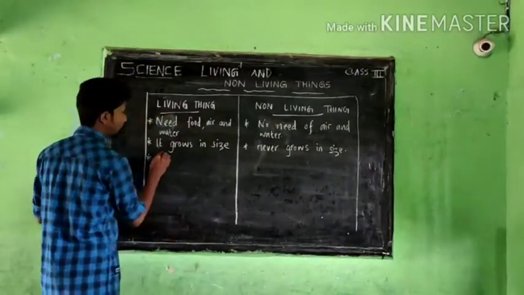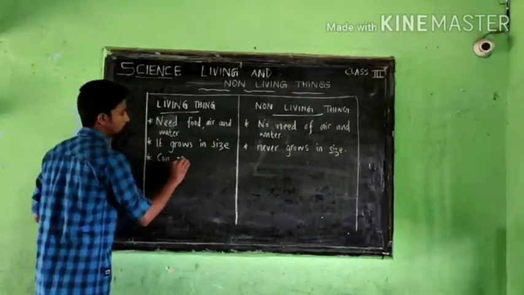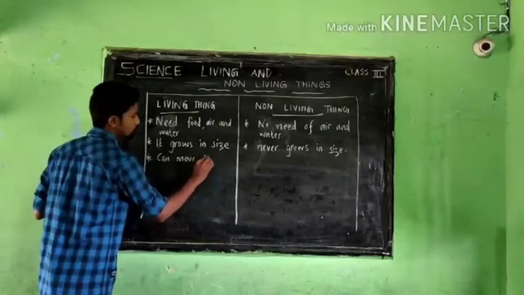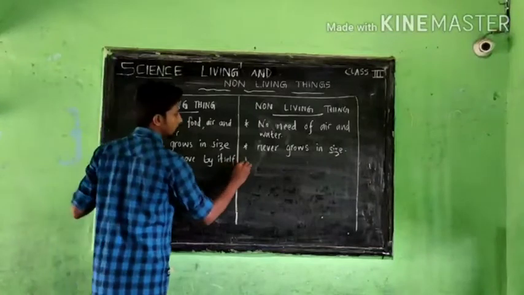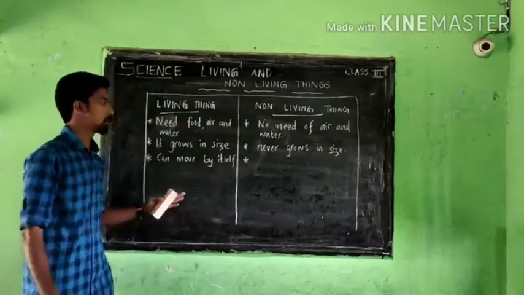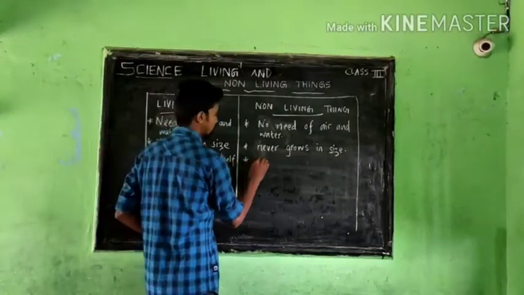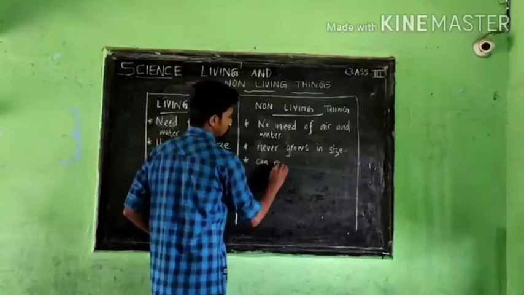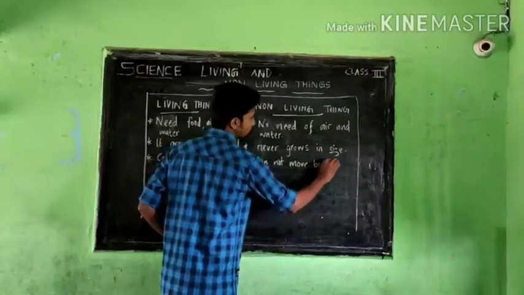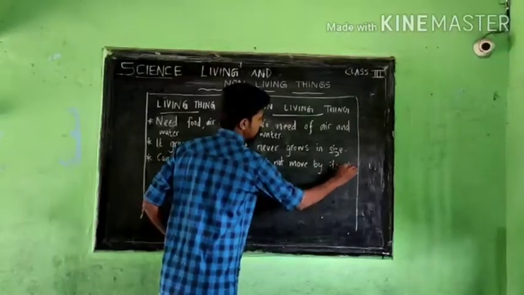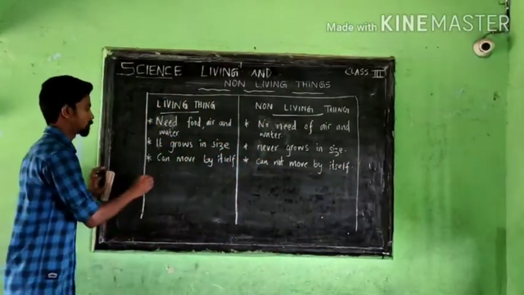Next one, a living thing can move by itself. And a non-living thing, the direct opposite will come: it cannot move by itself.